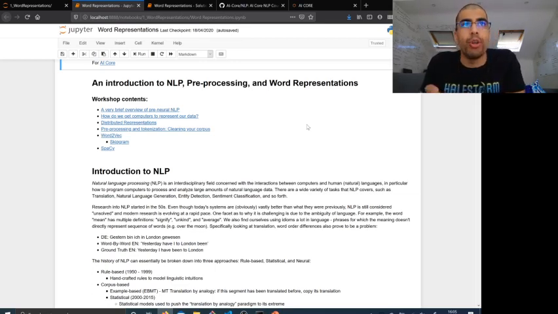Basically, how do you go from raw text data to something which we can give to a computer? Then we're going to look at Word2Vec, which is an implementation of distributed representations, and specifically the skipgram model. And then we're going to look at spaCy, which is an industrial-level tool to facilitate the preprocessing pipeline.